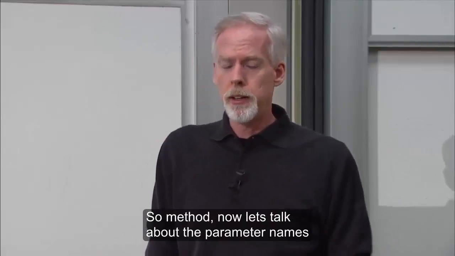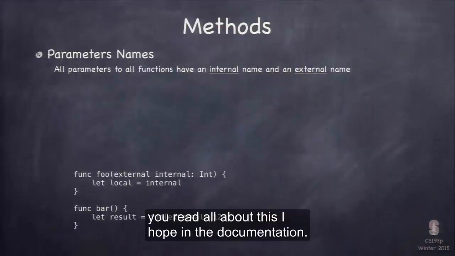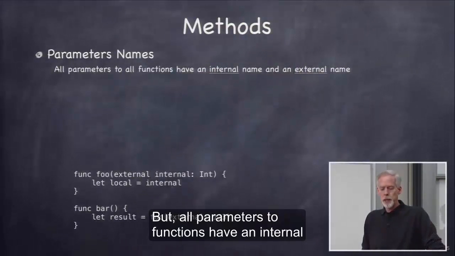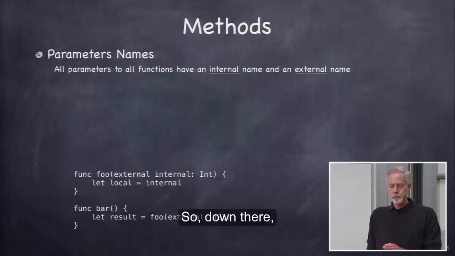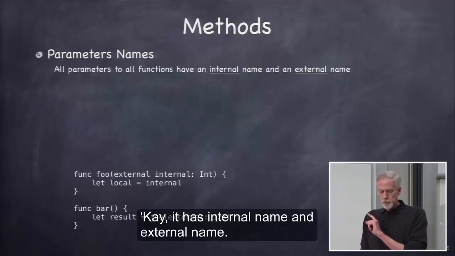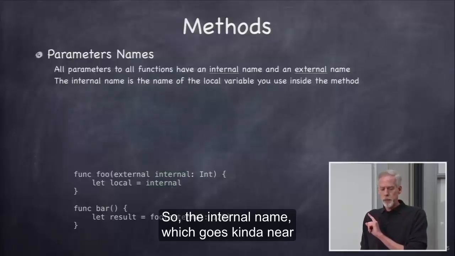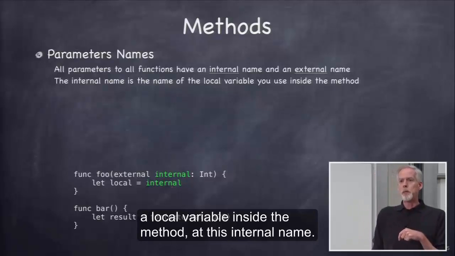So now let's talk about the parameter names of methods. This is going to be the crash course. You read all about this, I hope, in the documentation. But all parameters to functions have an internal name and an external name. So we're talking about the parameters, okay? So down there, foo, the parameter to foo there, has an internal name and an external name. The internal name, which goes near the colon, is the name that thing is going to have as a local variable inside the method.